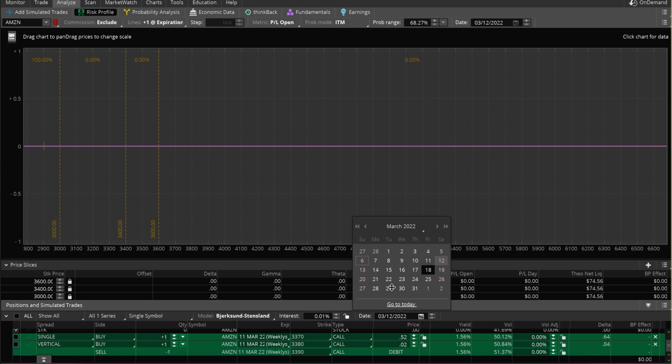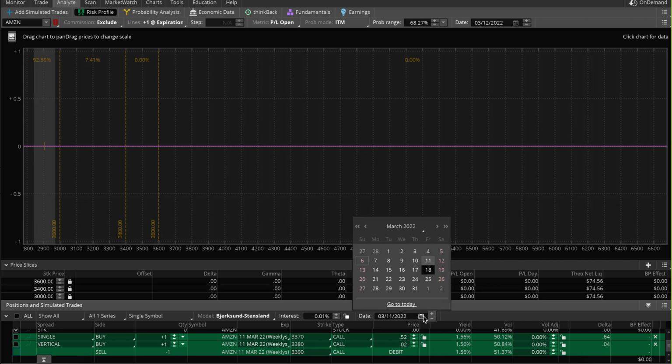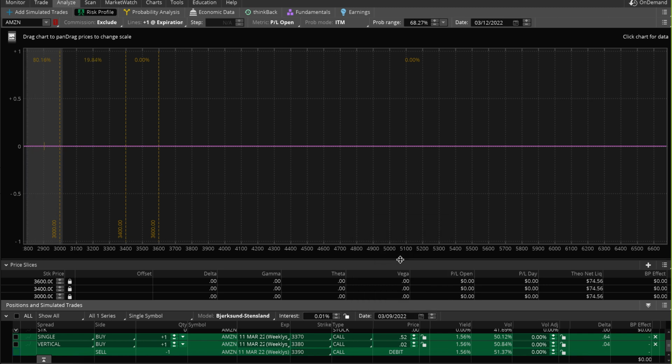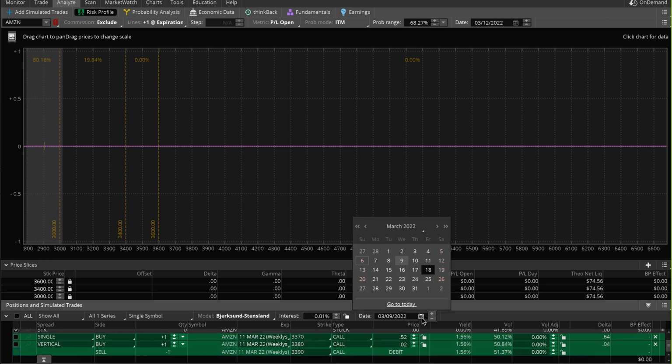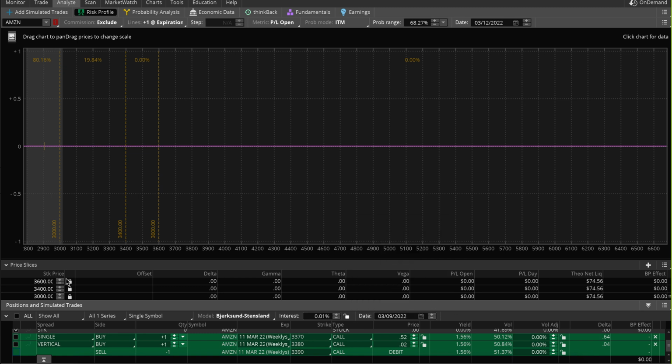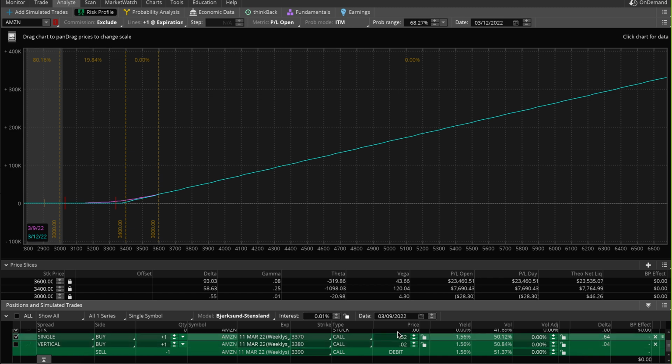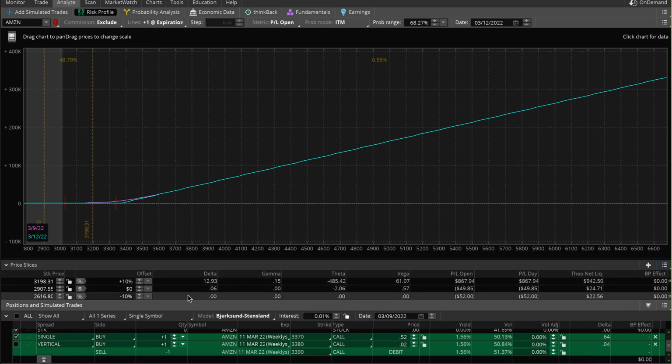Let's say halfway through the week we owned this single contract that we paid $52 for, and let's go back and reset these price slices.